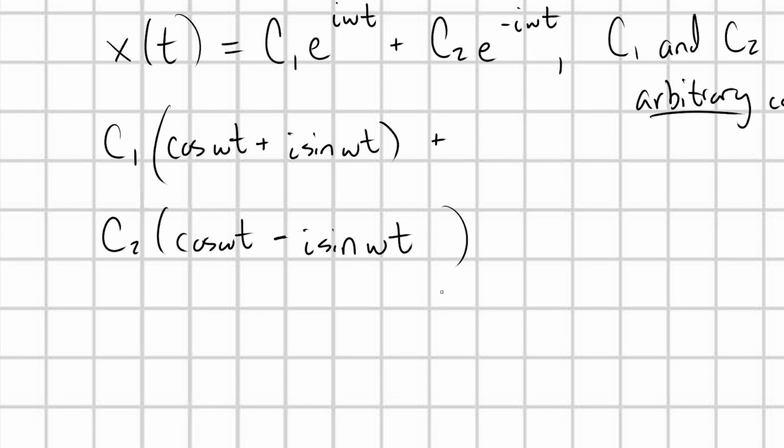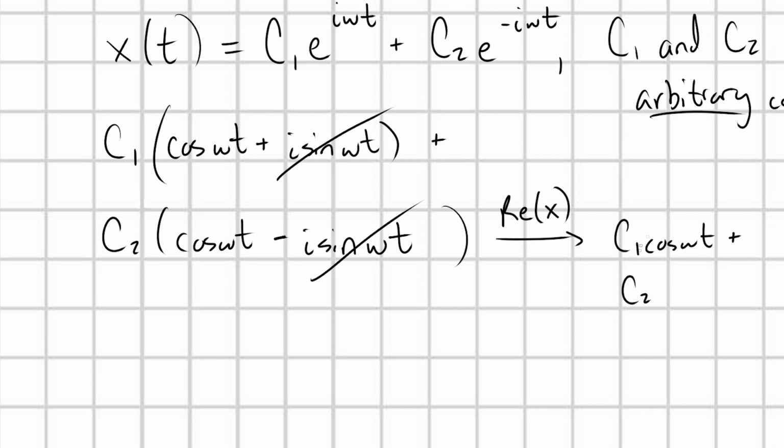There we go, that looks nice. Okay? And so one thing that we might be tempted to do is, well, we just talked about this, let's just take the real part of this solution here. And so we can just ignore these i components and we're left with C1 cos ωt plus C2 cos ωt.